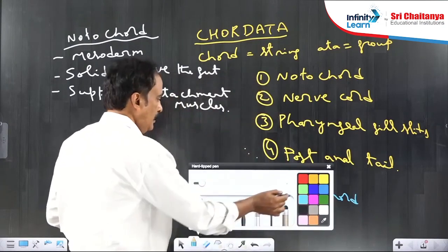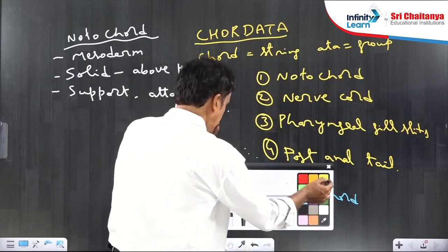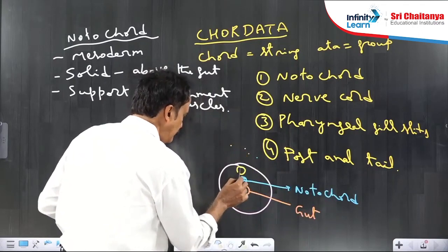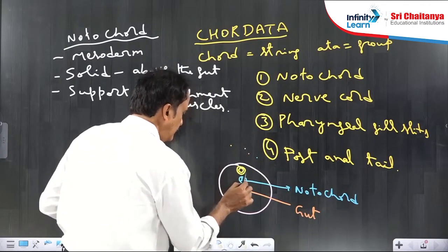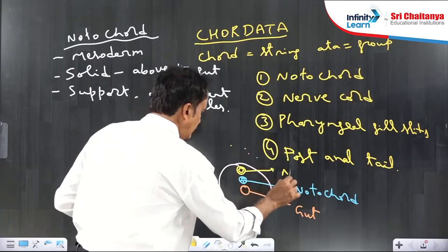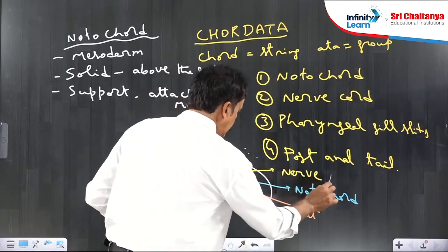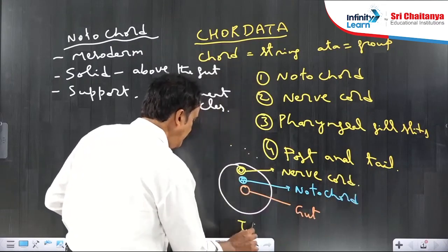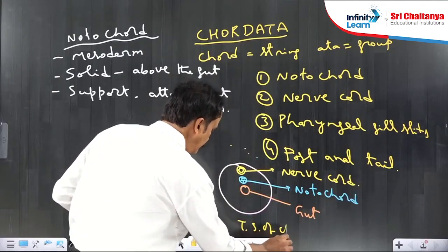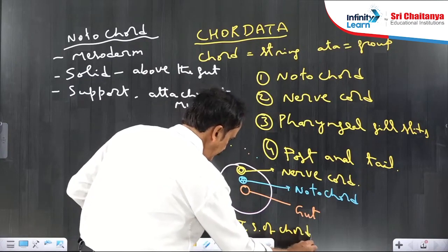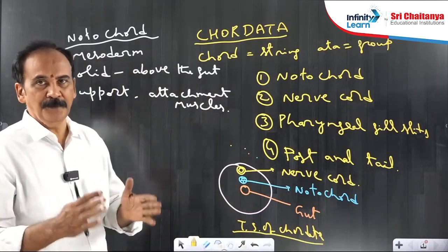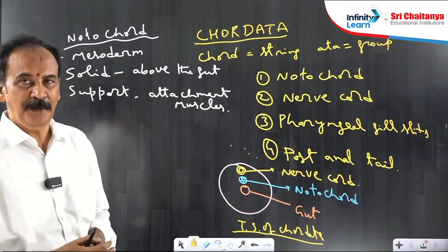Above the notochord is the nerve cord. So this is the transverse section of a chordate that will give you the idea about the location of the notochord, nerve cord and alimentary canal.